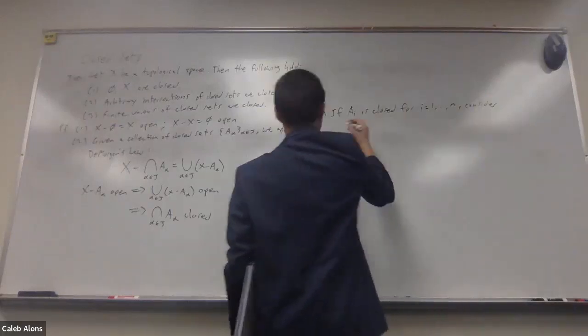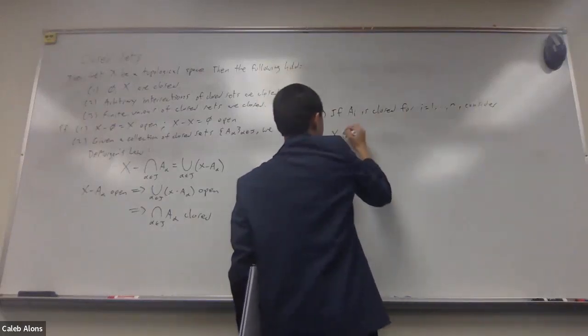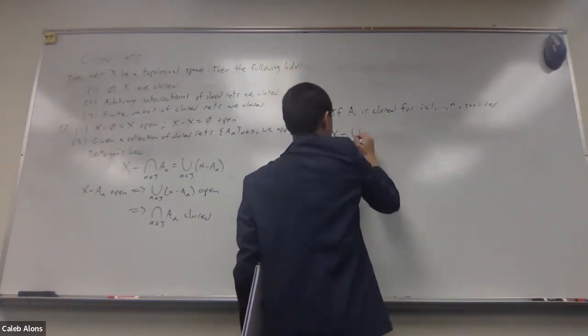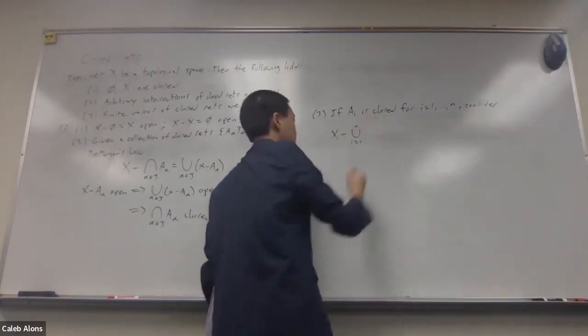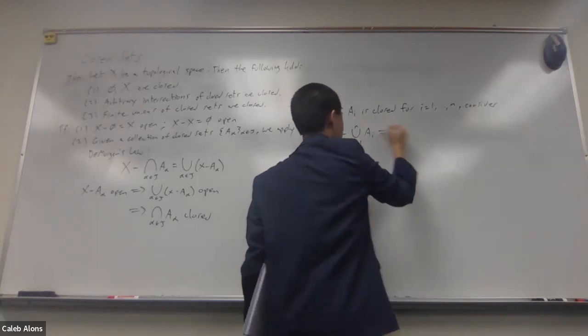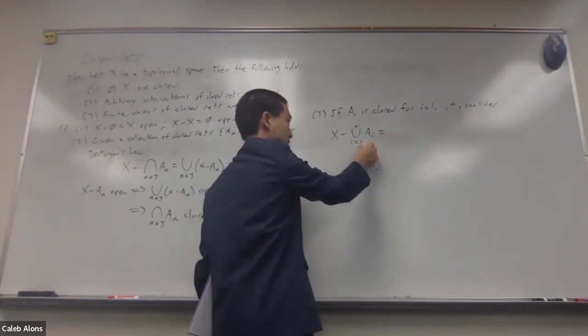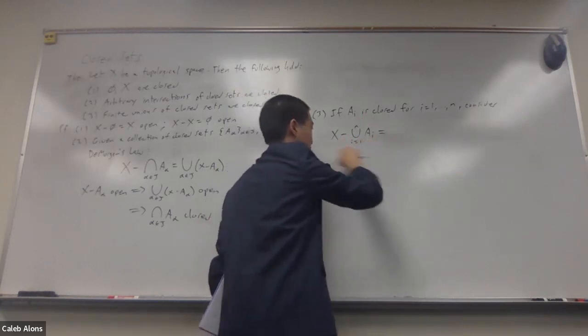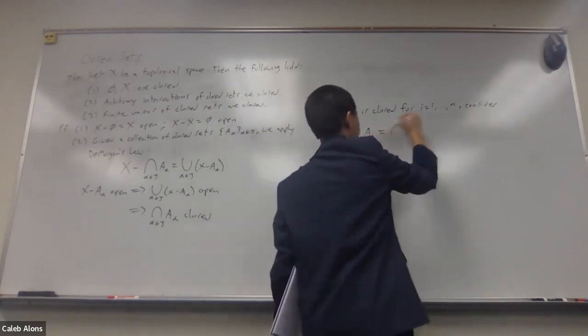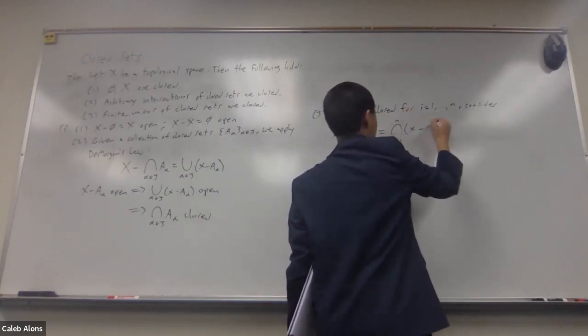another, it's basically De Morgan's again. If I take the complement of this finite union from 1 to n of the A_i's, then the complement of the union is going to be the intersection of the complements.